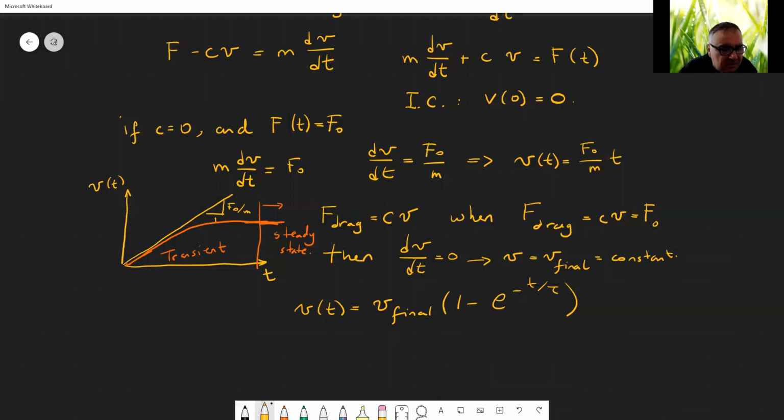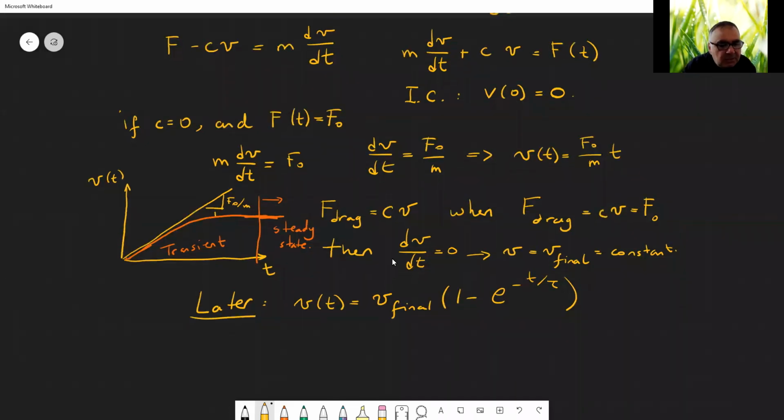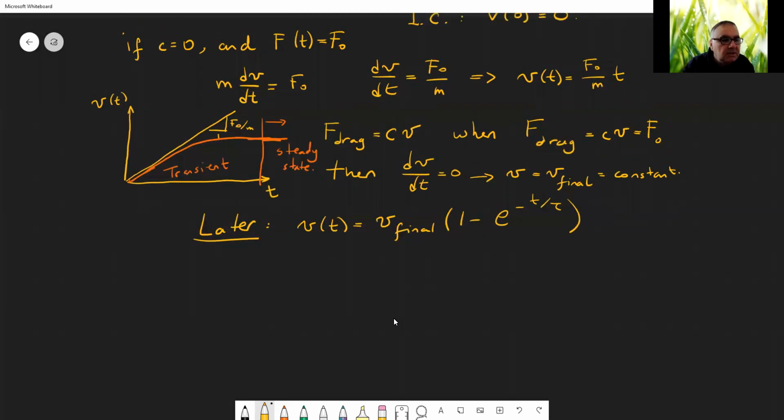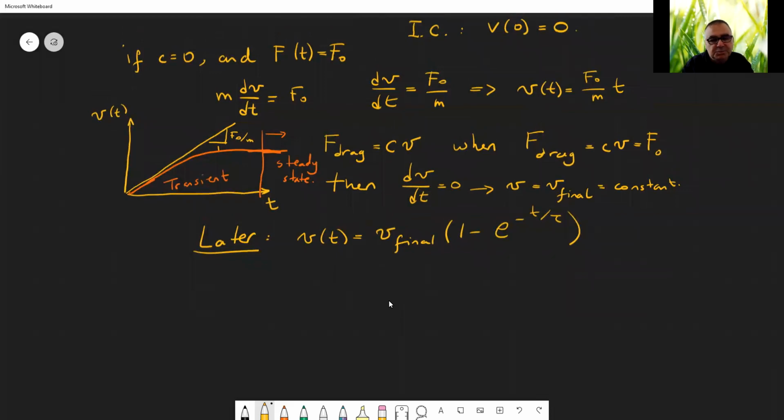This is not really necessary. This is for later, okay? Don't ask me how I have derived this. We will derive it later on. It will be an exponential growth. So this is what we really do when we model a very, very simple mechanical system. We find the differential equation of this system.